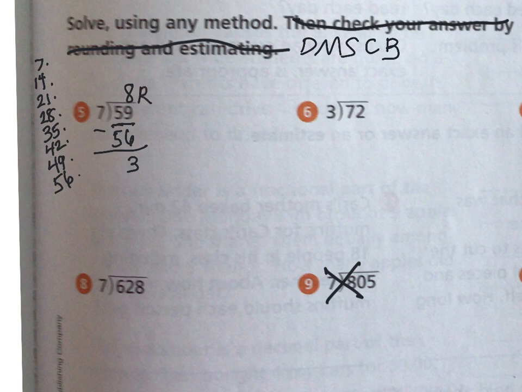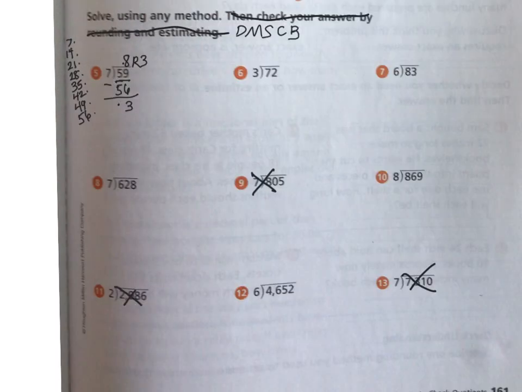So I want you to do number 6 on your own, because that's just 2 numbers under the house as well. So I'm going to say, how many times does 3 go into 7? And same thing, I want you to try to do number 7 by yourself. How many 6s fit into 8?